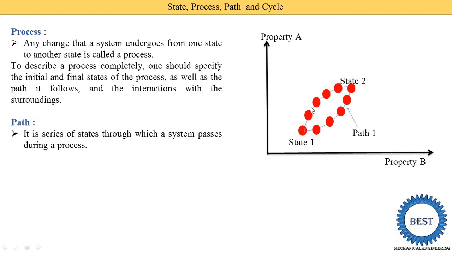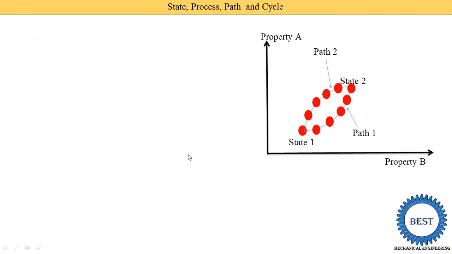Here you see again a series of points is there. So this line is called process 1 to 2, but by using path 2. Similarly, the straight line is also possible. This is called path 3. So a process is possible through different paths.